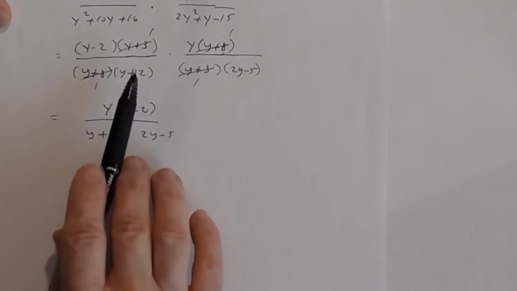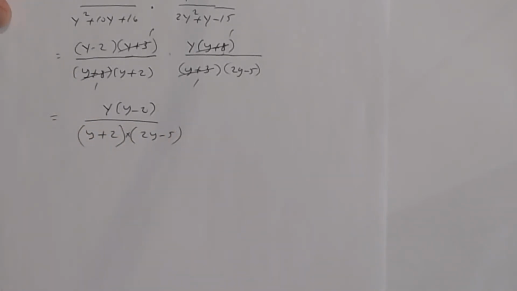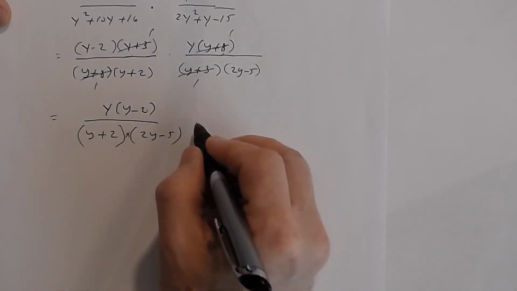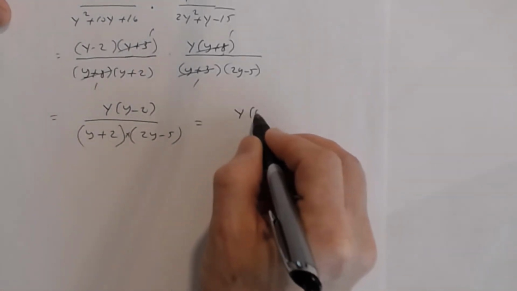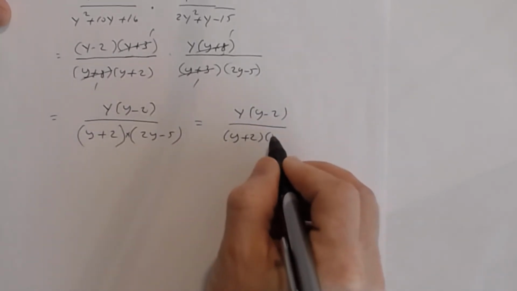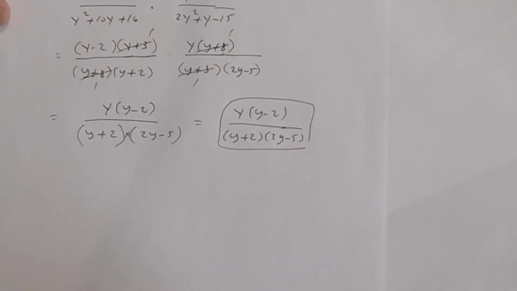If you're multiplying the two binomials, you got to put that in parentheses like that. So you got to make sure what you write mathematically is correct. Now, I wouldn't put that little multiplication symbol here. I would have written y times y minus 2 divided by y plus 2 times 2y minus 5. That would have been the answer I would have written.